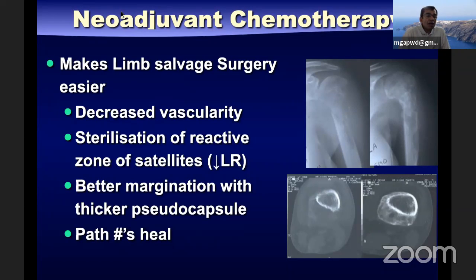And if a pathological fracture has actually not healed, then it may become a contraindication to doing a limb-saving surgery. In fact, if a pathological fracture heals, then there is absolutely no reason not to do a limb-saving surgery. Therefore, pathological fractures are not an absolute contraindication. You give them chemotherapy, judge the response, and if they respond to chemotherapy, then they can be taken in for limb-saving surgery.